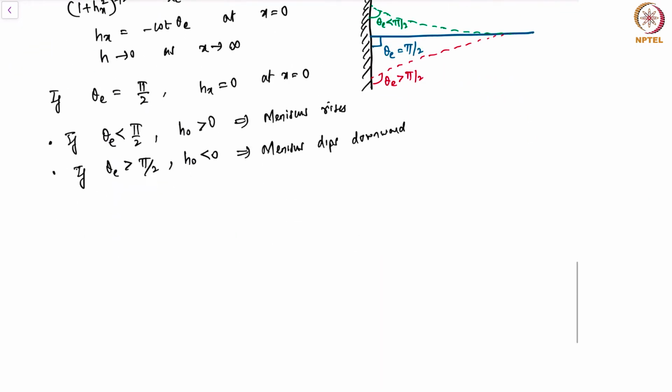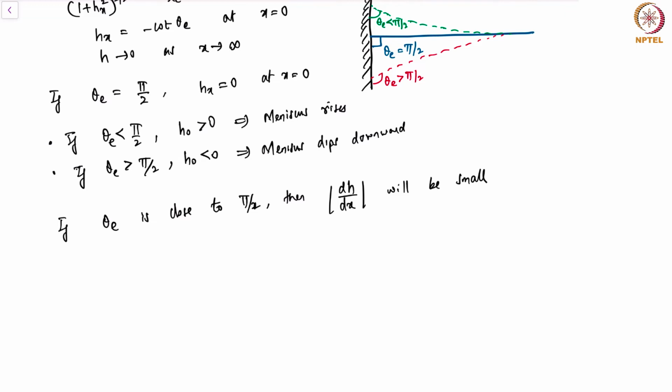Now, if theta e is close to pi by 2, then the magnitude of dh by dx will be small, because the case where theta e is equal to pi by 2 is where the slope is identically 0.